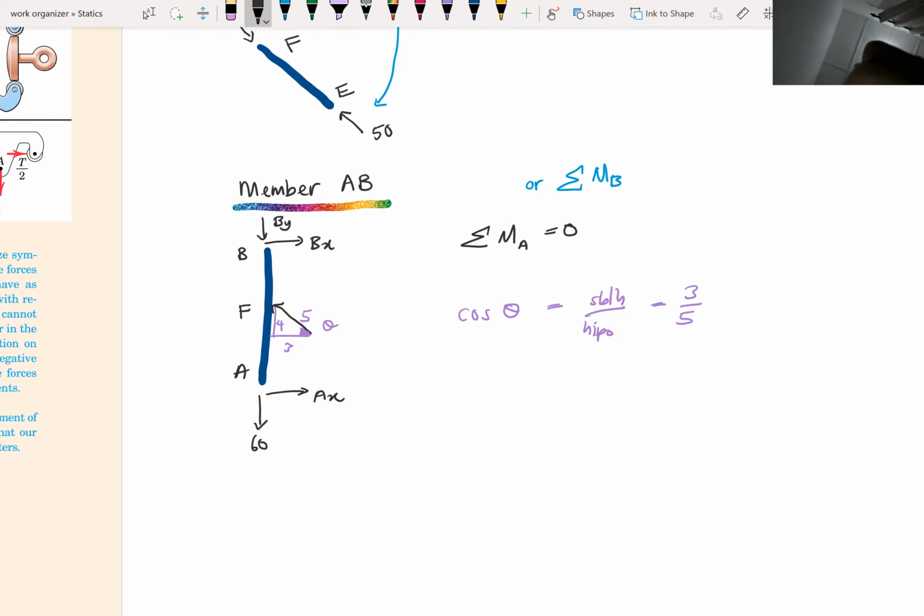And then we have force BX, right? Let's say the forces is here. So for Bx, it will be going downward, which is 40. This is left hand, so it is negative.